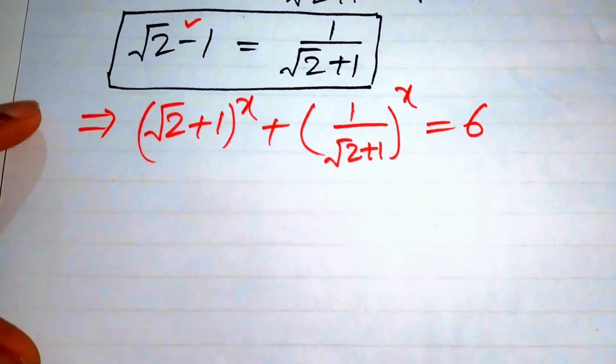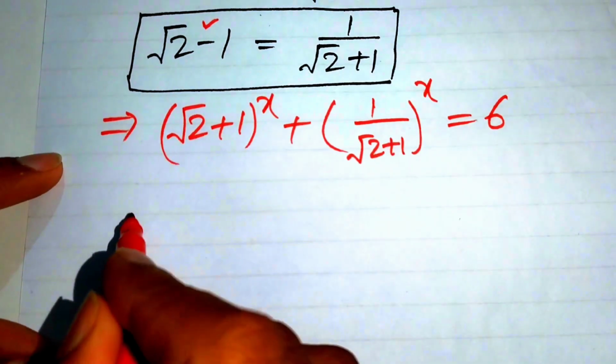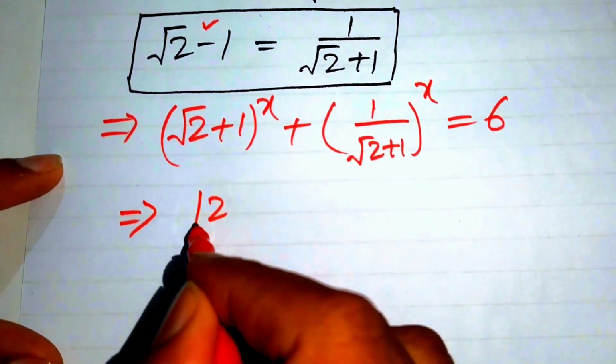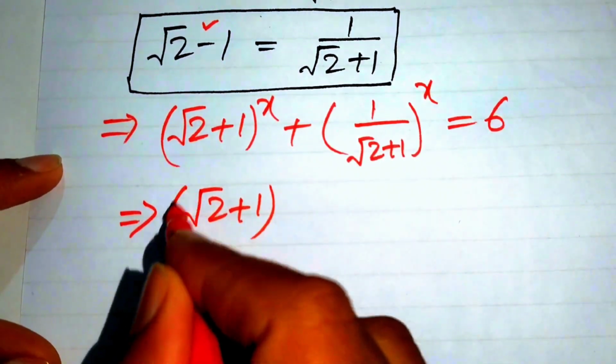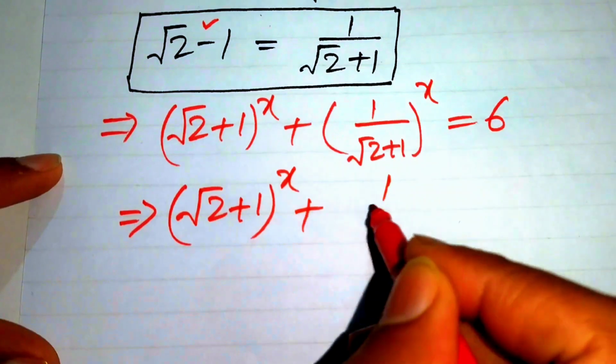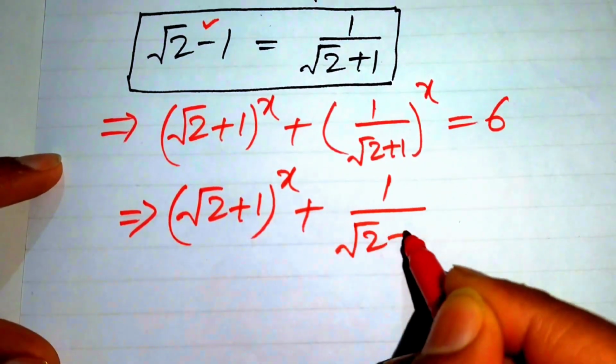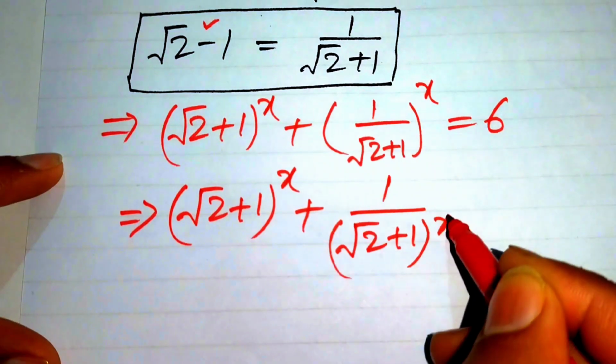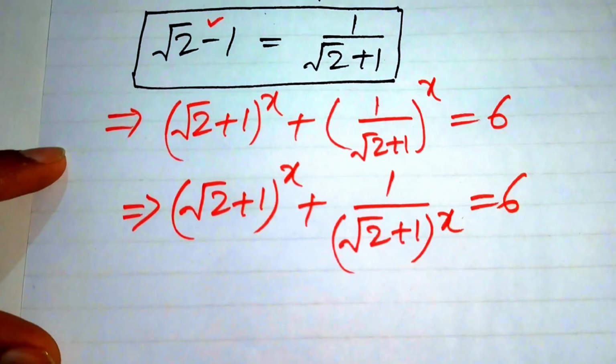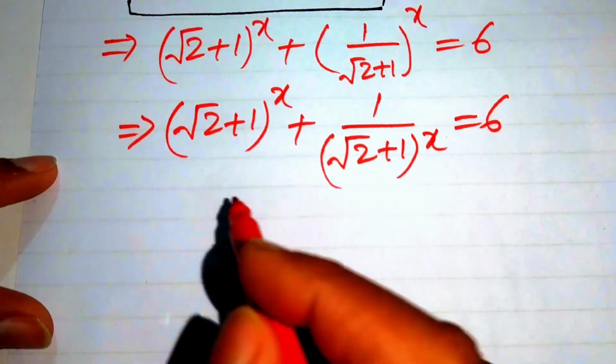So here we take this exponent on this term and we write it as (square root of 2 plus 1) to the power x plus 1 over (square root of 2 plus 1) to the power x equals 6.